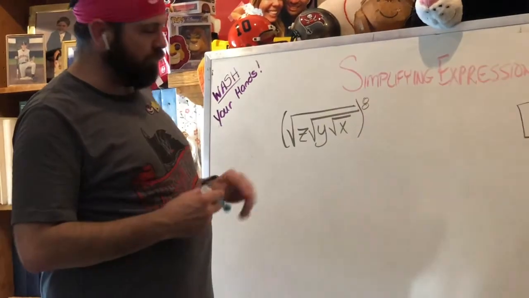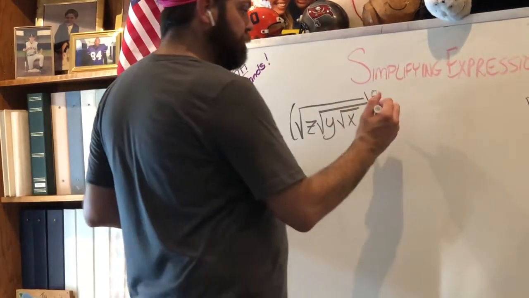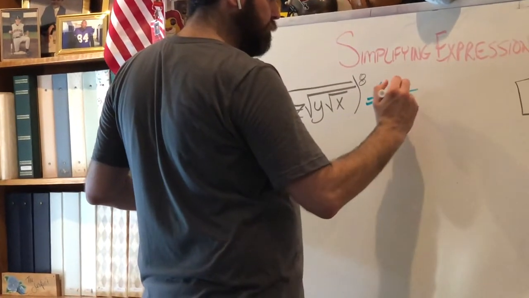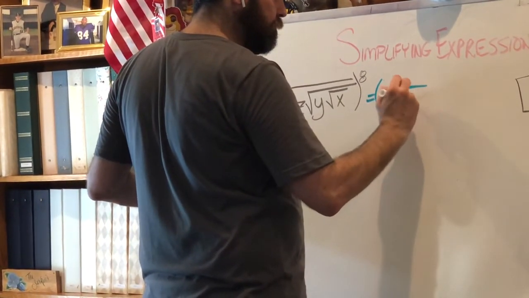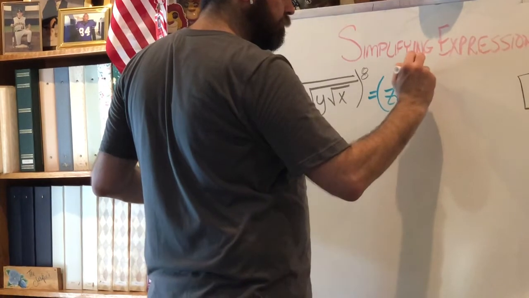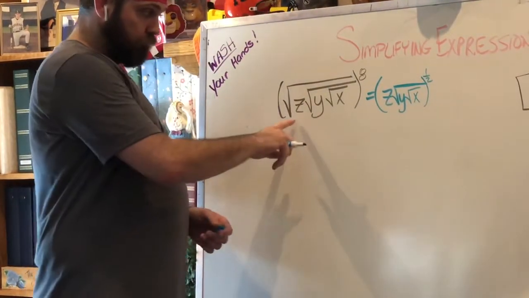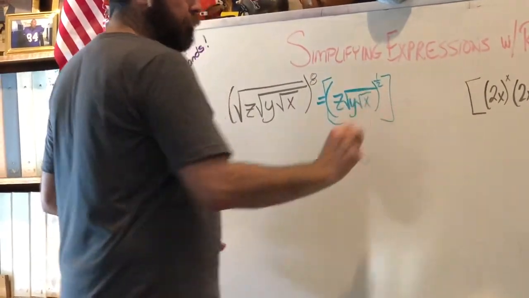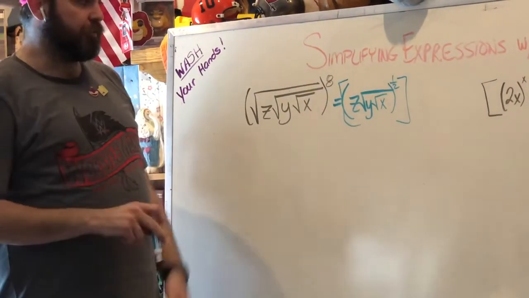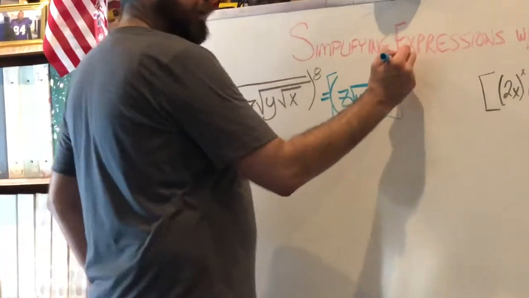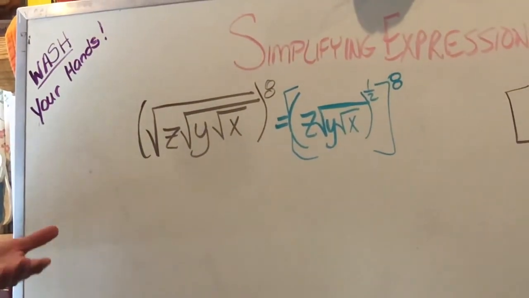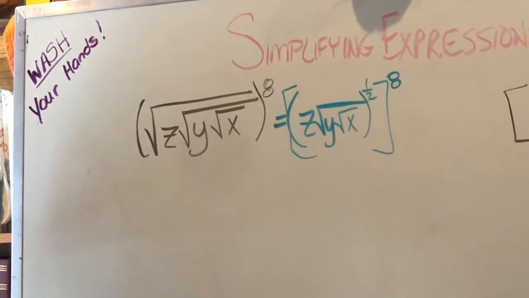So, instead, I know the square root of z, this first radical, could be rewritten as z to the 1/2 power, times the square root of y, times the square root of x to the 1/2 power. I still have to have my 8th power out here. But all I've done is rewrite what's in the parentheses in an equivalent way.